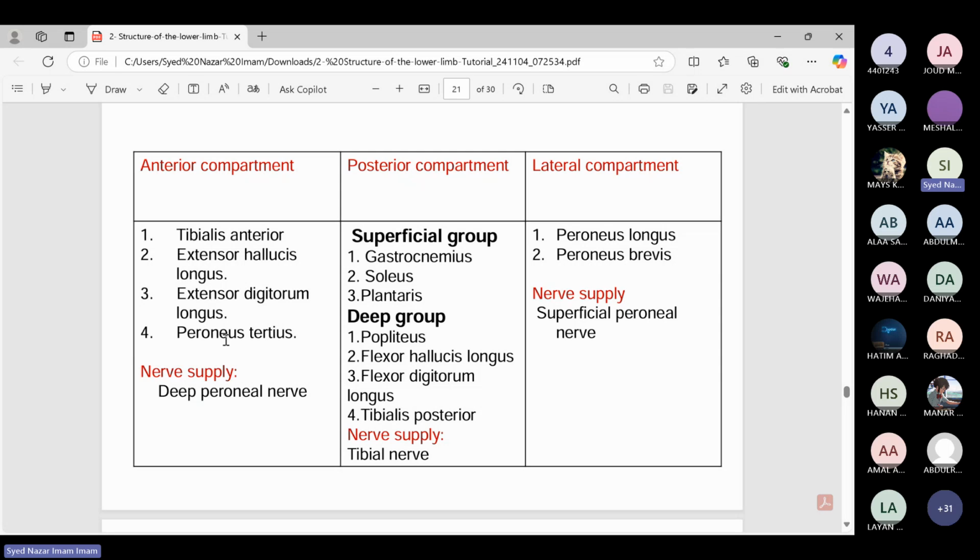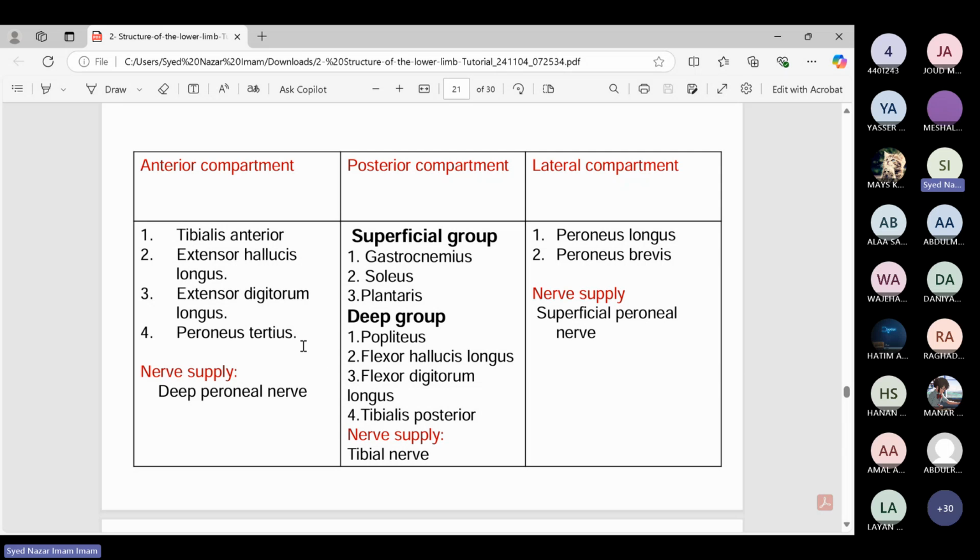And then one muscle which is most lateral and comes from the fibula, we call it peroneus, that is, fibularis. So if you call it fibularis, it's also okay. We call it peroneus tertius. Tertius means this is the third muscle which is coming from the peroneus. We'll see what the other two muscles are. Now, what nerve do we have? In the anterior compartment, we have the deep peroneal nerve, which supplies the anterior compartment muscles.